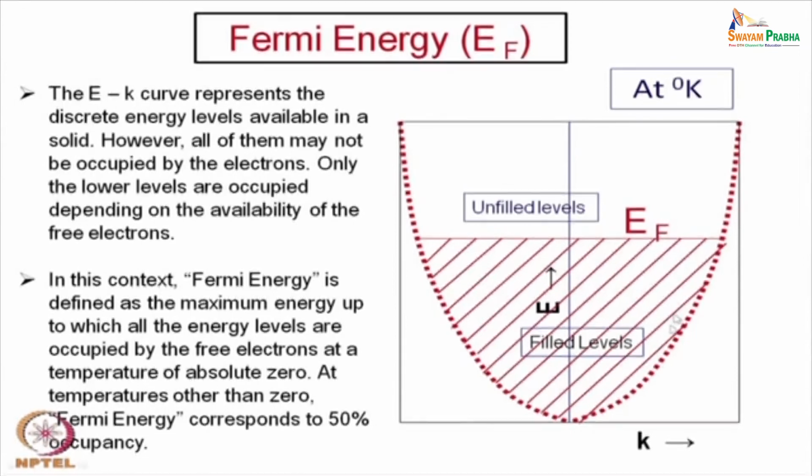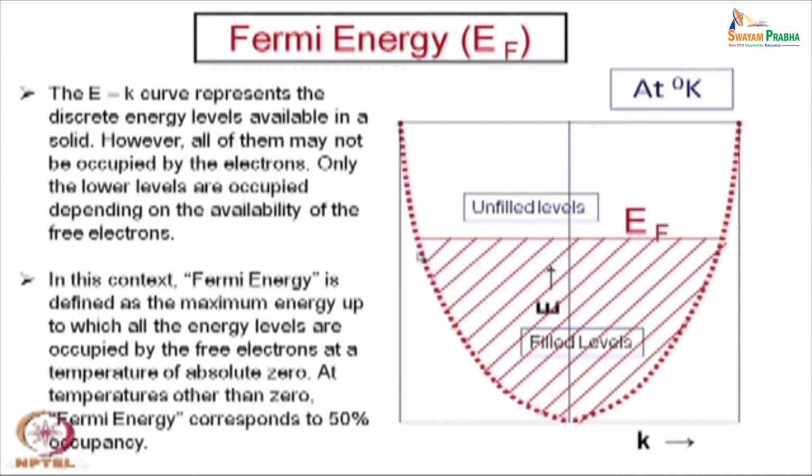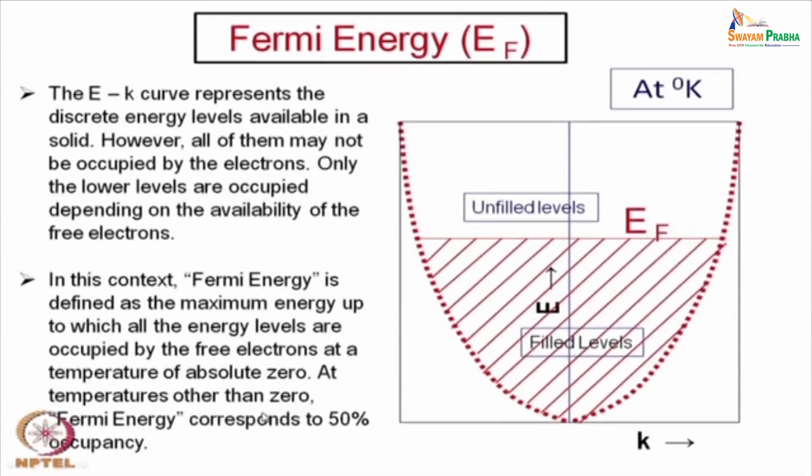So, it is actually a paraboloid. It is not a line, it is a surface, like a container. As we put more and more electrons, the lower states get filled up, as if the container has been filled with water up to a certain level. The highest level up to which the container has been filled is called the Fermi energy, and that is at absolute 0.